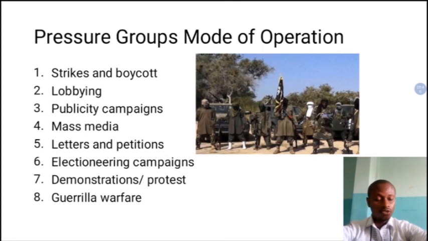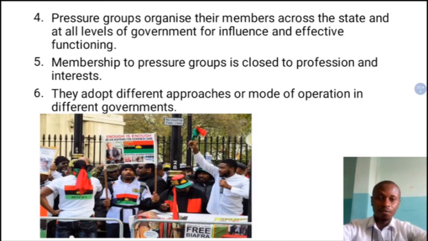And the method they chose was to pick arms against the government. Okay? Now here we have the IPOB members who are also asking for a referendum and so on.